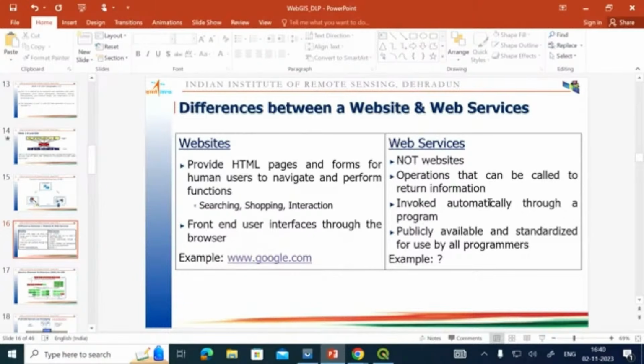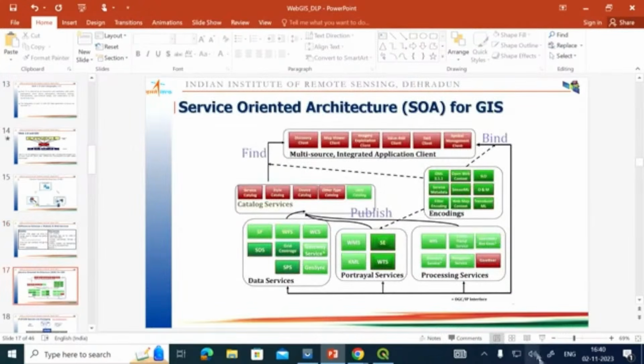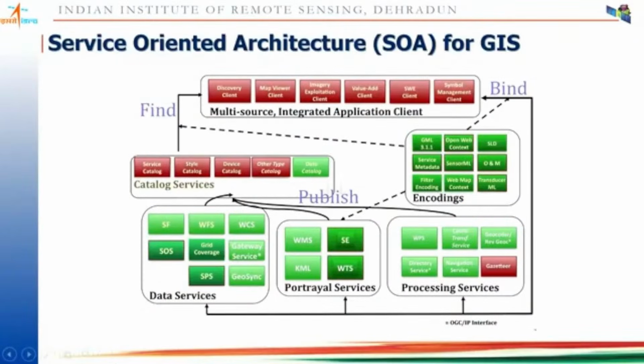It is invoked automatically through a program like QGIS, and it is publicly available and standardized for all programmers basically, and there are examples. Next, if we talk about service oriented architecture for GIS, it has different kinds.